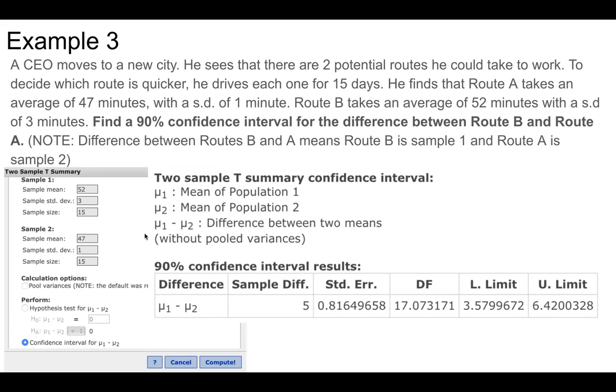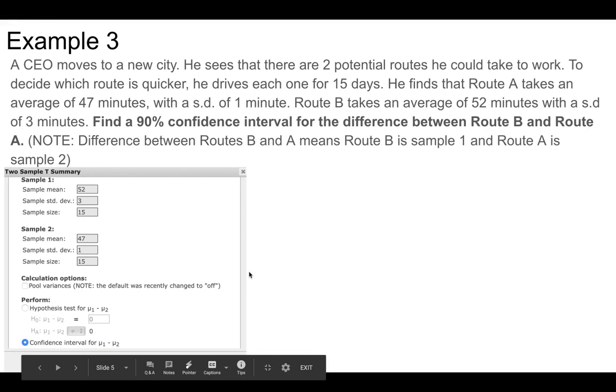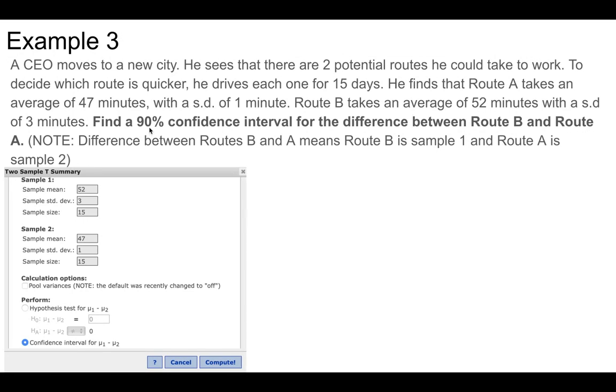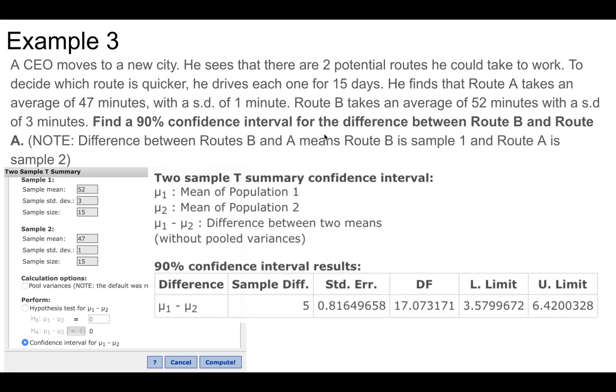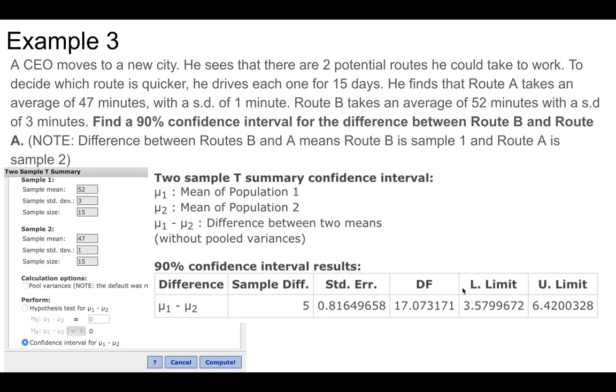So I chose a confidence interval, and it looks like my screenshot got cut off here, but I chose confidence interval, and I put in 0.90 for the confidence level because it said a 90% confidence interval, and I got this right here.